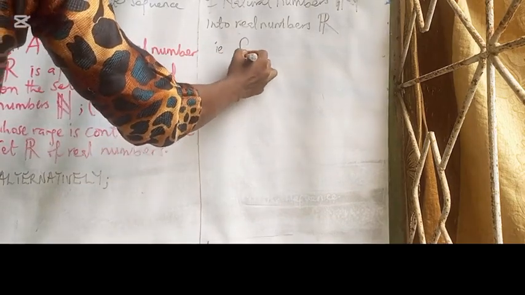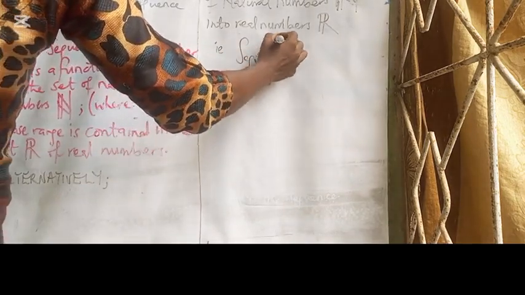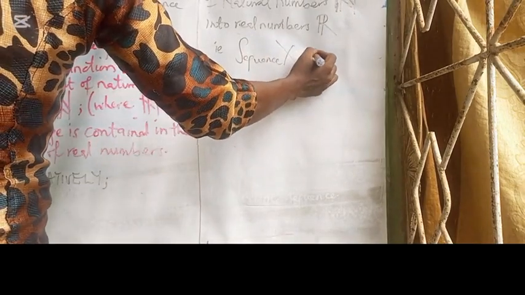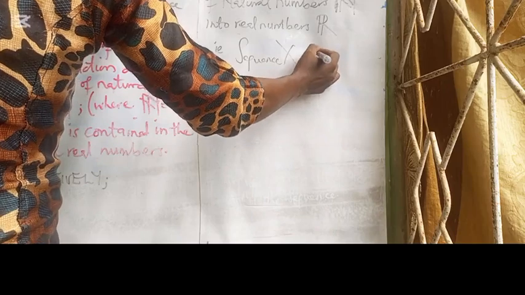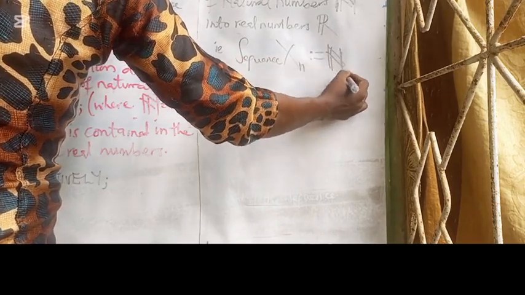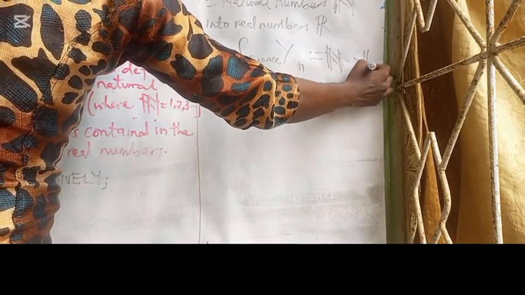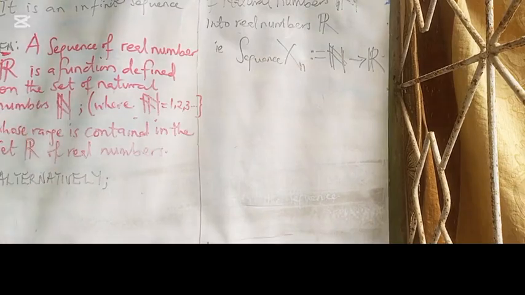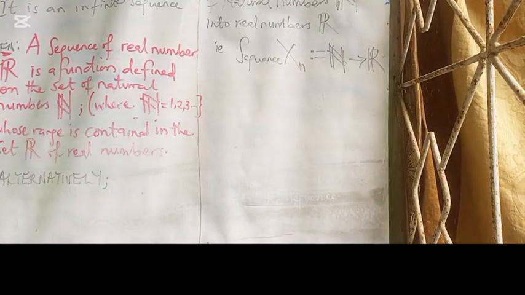That means my sequence Xn can be defined such that it's a map from natural numbers to the set R of real numbers. It's a map from the set of natural numbers to the set R of real numbers.